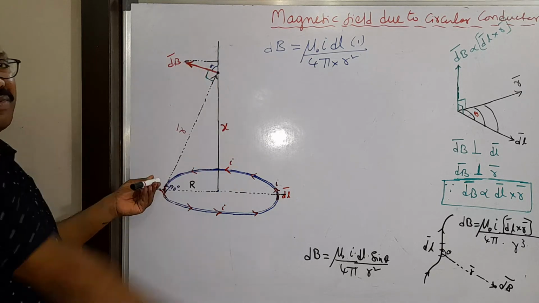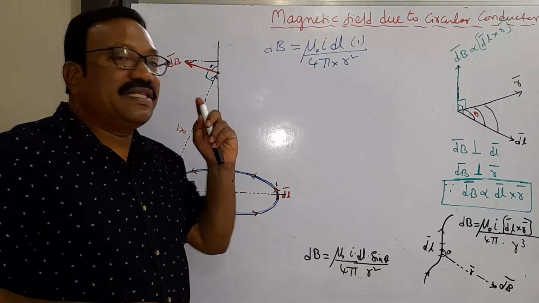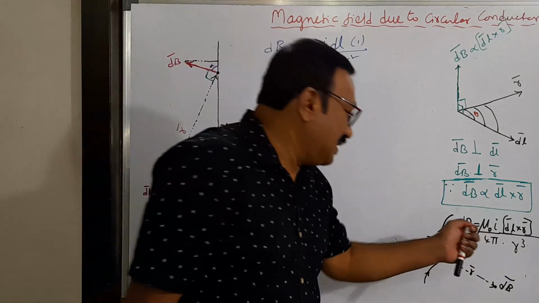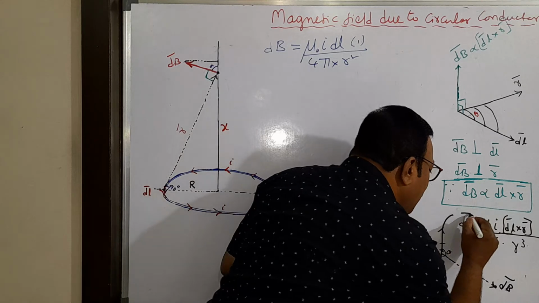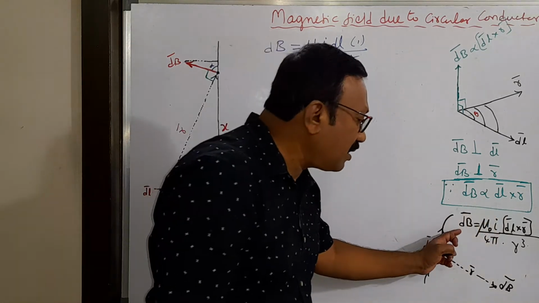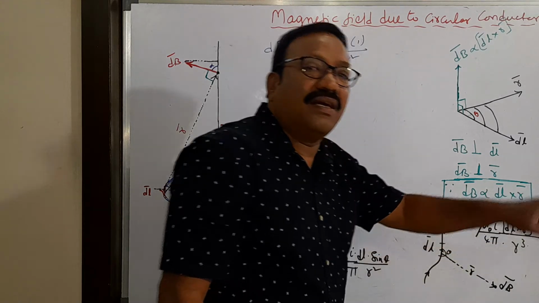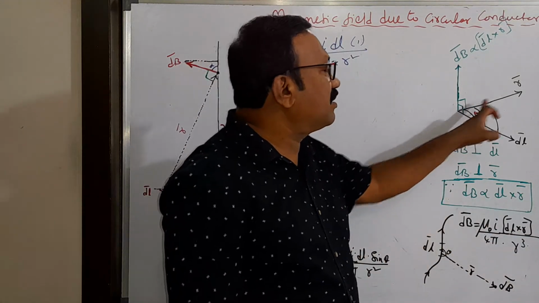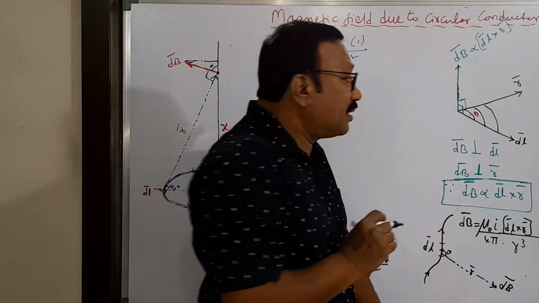This is the direction of magnetic field. That is one method. Another method I will tell: dL bar. See, the direction of this dB bar will be in the direction of dL bar cross r bar. For example, this is dL bar, this is r bar, this is dB bar. Observe one point.